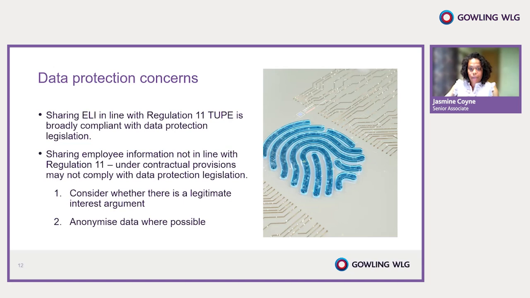But as I said, in most cases, you should be able to push back should the provider raise GDPR as a concern if the information is solely ELI and the timing is right. The second scenario is where either there's an agreed process or contractual requirements to provide information, which goes beyond the scope of ELI under Regulation 11.